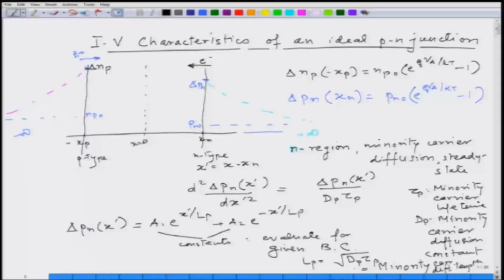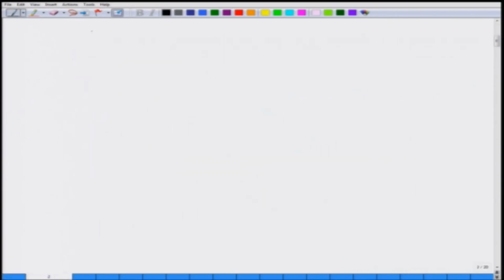So, when I put in the boundary conditions, which I have already defined, I am going to get a solution in the n region. The solution is going to be delta p of n at x prime, given by p n o times exponential q V applied over k T minus 1, times exponential minus x prime over L p.